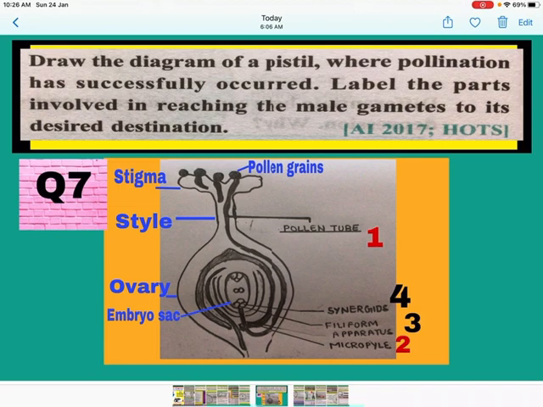Then the pollen tube will reach the synergids, passing through the filiform apparatus in the embryo sac. So, label synergids and filiform apparatus. In total you have to label 4 parts: 1 pollen tube, 2 micropyle, 3 filiform apparatus and 4th synergids. The rest I have done only to explain to you. You don't have to write stigma, style, ovary and embryo sac in this question.